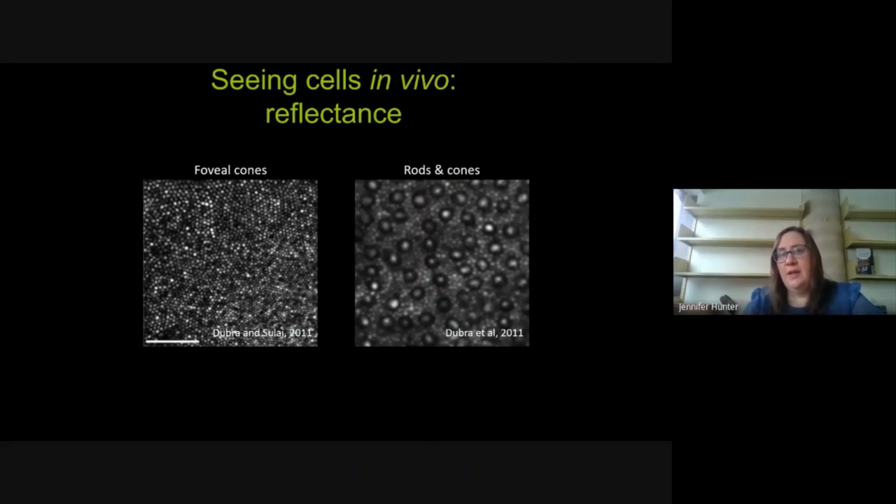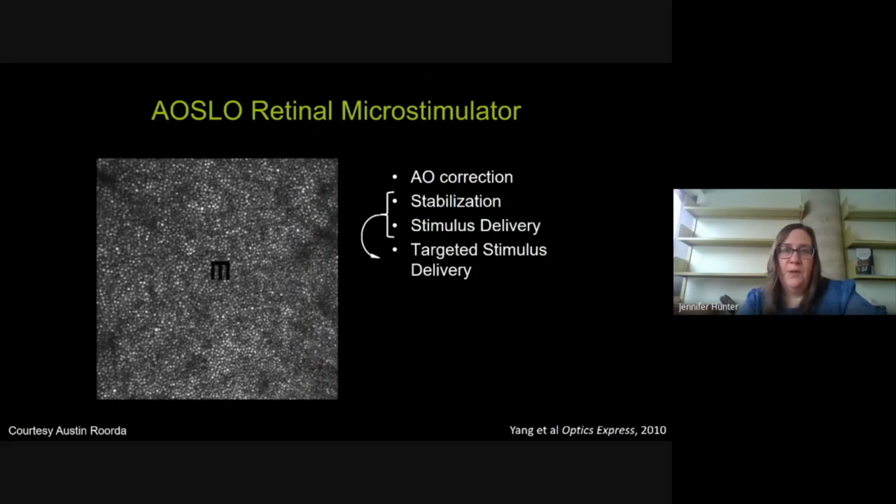Most of what I'm going to show you next, I think the remainder of the talk, is going to be focused on adaptive optics scanning light ophthalmoscopy, a scanning system that images layer by layer rather than the volume-based approach of the OCT. With that, for many years, they've been imaging foveal cones and rods and cones. You can see that over 10 years ago now, the first images of the rods were shown with AOSLO.